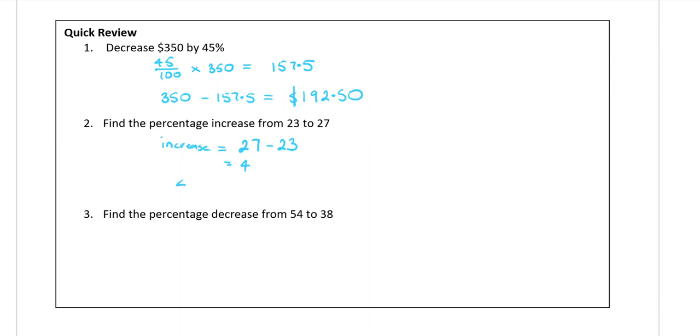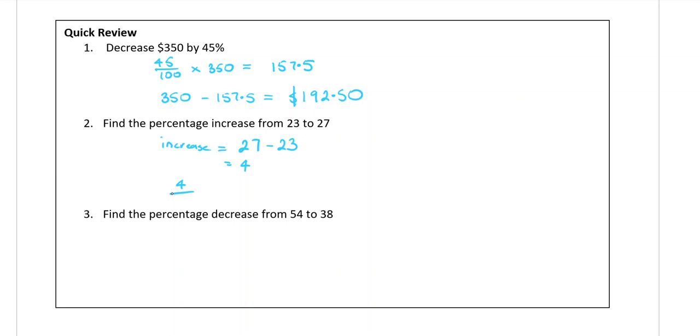So I start with the 4 and I put it over which number? Which one? The 27? Wait, no, isn't that not increasing?